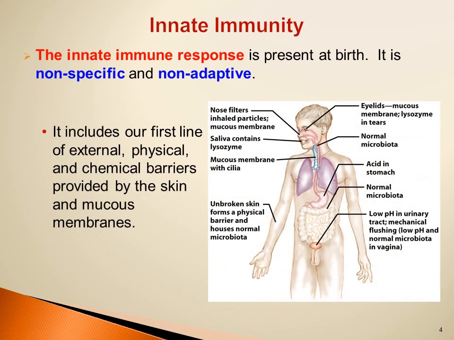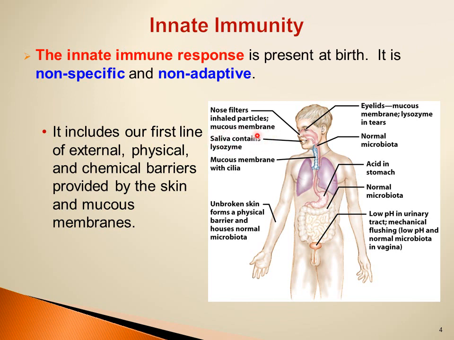It includes our first line of external physical and chemical barriers provided by the skin and the mucous membranes. For example, part of our innate immune response is the ability of the nose to filter inhaled particles and the mucous membrane to act as a barrier that prevents invasion by pathogens.